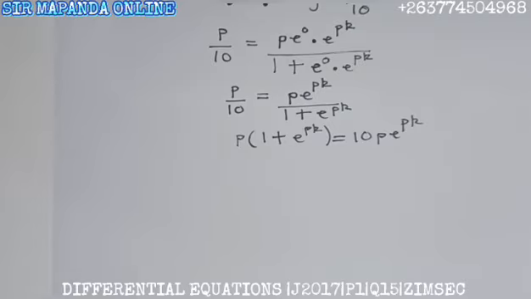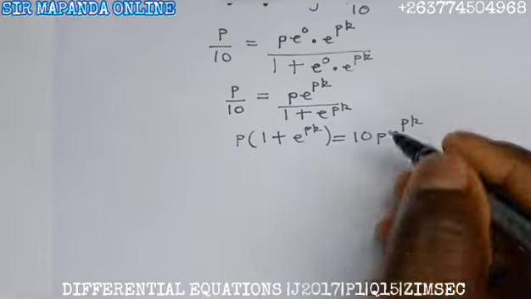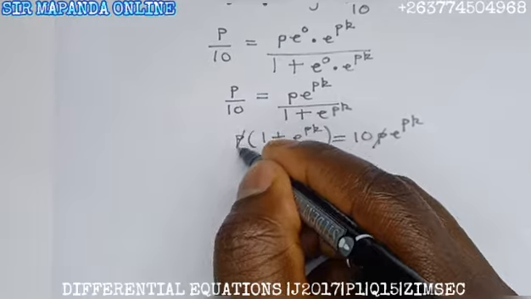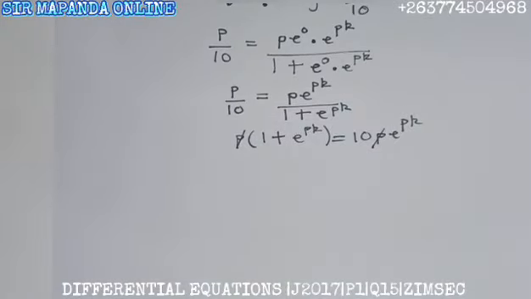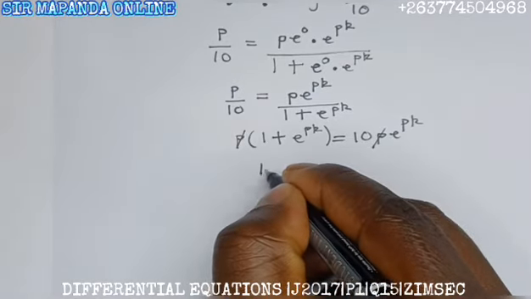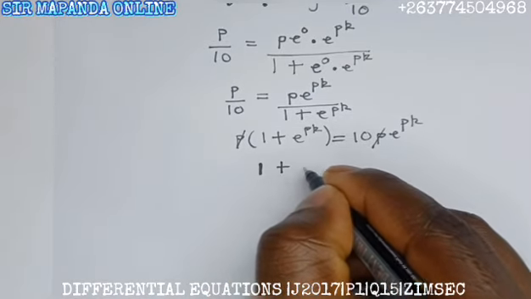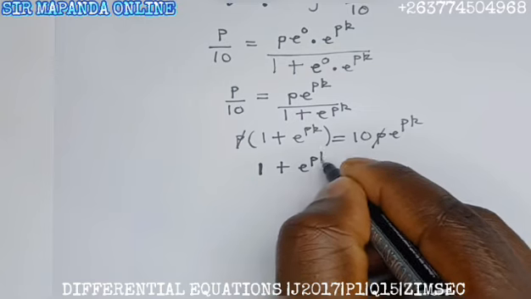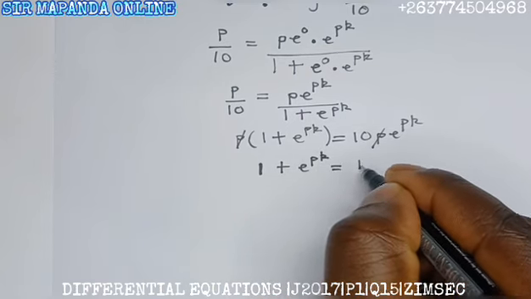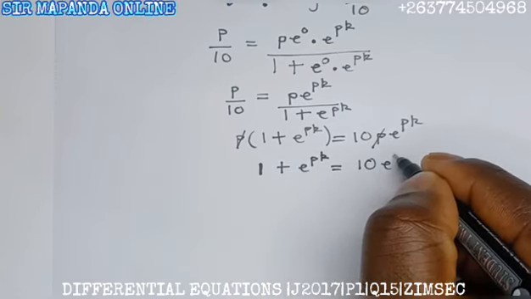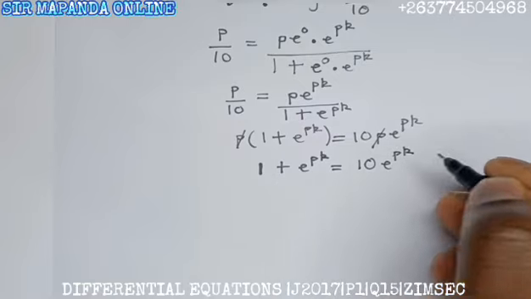Since we have a p appearing on both sides, this p and this p cancel off each other, since they are representing a constant term. I hope you are following. So you'll be left with 1 plus e to the power of pk is equal to 10 e to the power of pk.